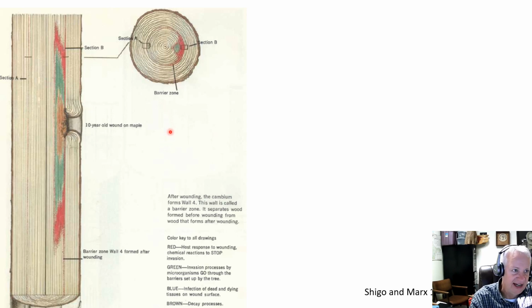And the next diagram I'm going to show you, this is a longitudinal section through that stem. And the next cross section I'll show you are from this cross section where there's section A in an uninfected or unwounded part of the tree and the infected part of the tree.